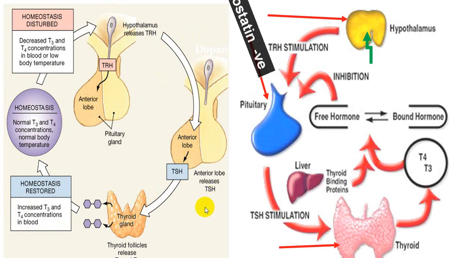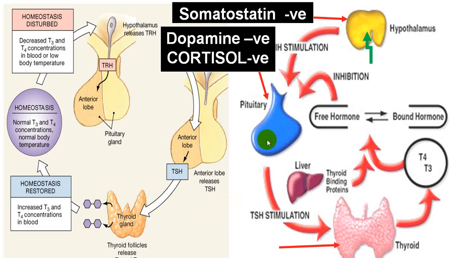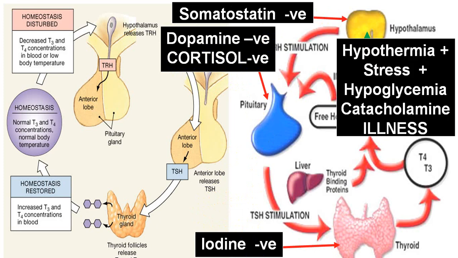Also, somatostatin will inhibit, dopamine will also inhibit, cortisol will also inhibit, and iodine will block the release of T3, T4 from the thyroid gland. Hypothermia, stress, hypoglycemia, catecholamine, chronic illness, etc. will stimulate TRH, which will stimulate TSH, and which will finally increase the level of T3, T4 in blood.